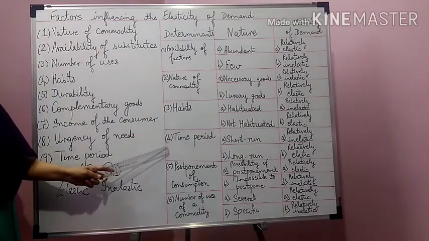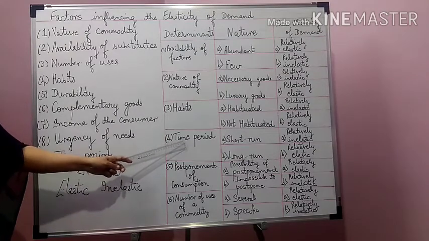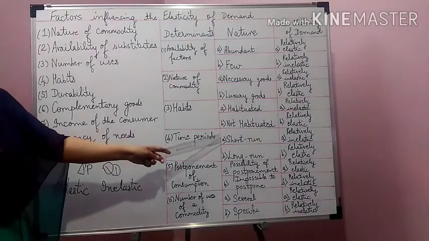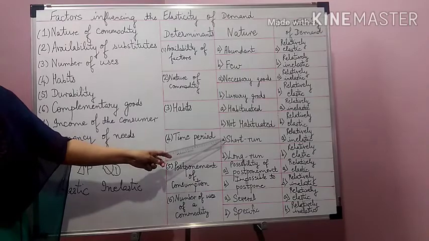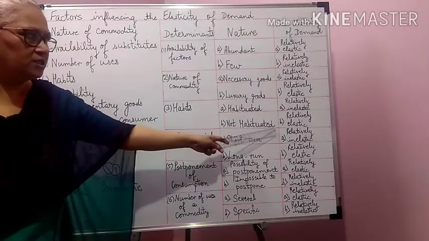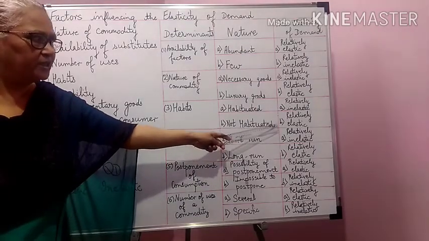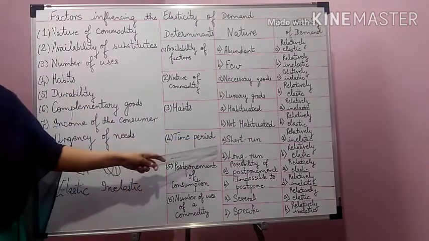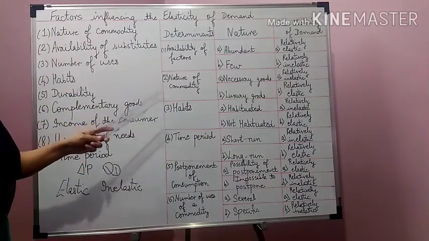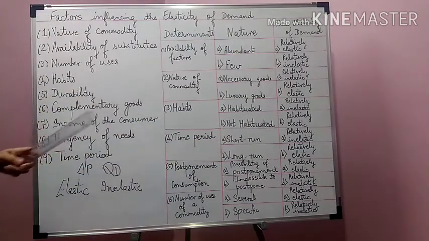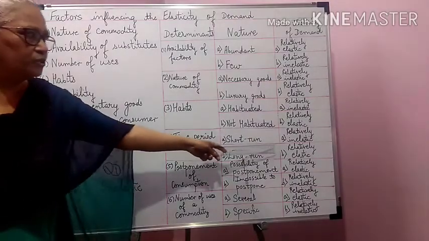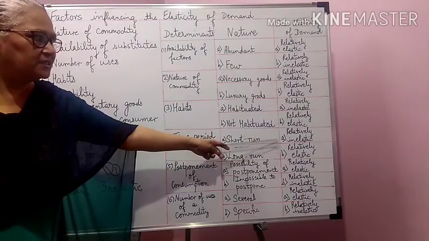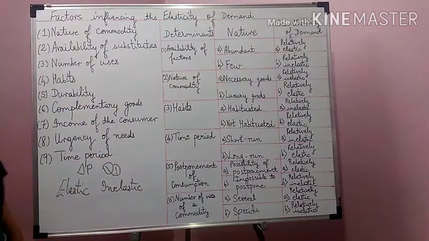Fourth factor or determinant is time period. If the period of time given to you is a short run, the elasticity of demand will be relatively inelastic. But if the period given to you is long enough, then you can make adjustments and therefore the elasticity is relatively elastic.